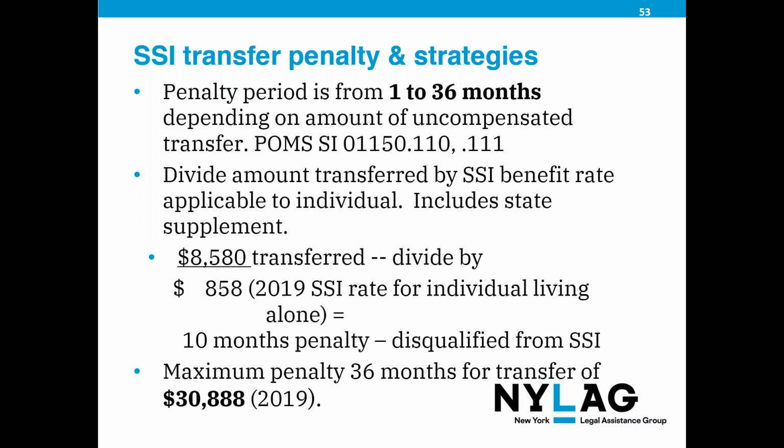So when you're doing planning for someone with SSI, you want to look at how much this lump sum is. If it's 35,000 or less and the person is over 65, it really doesn't make sense to transfer it or put it into a trust because of this penalty. You're going to lose 31,000 of it.